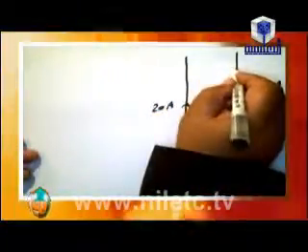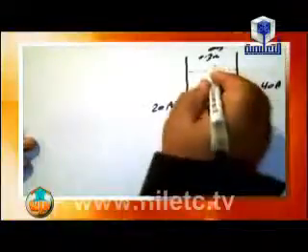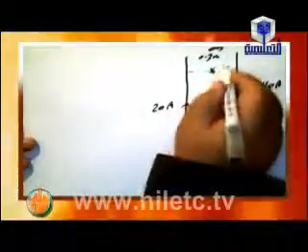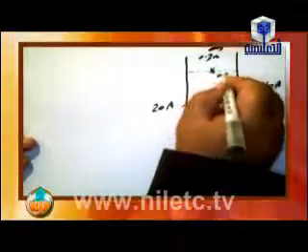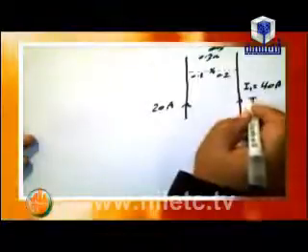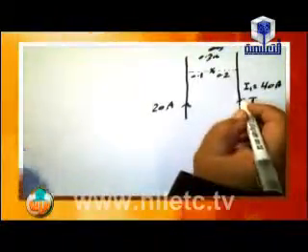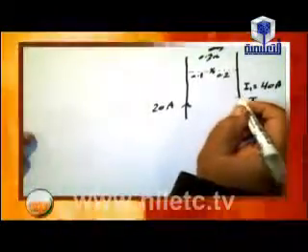The distance between them is 0.3 meter. Find the total magnetic flux density at point X, which is at distance 0.2 from the first wire and 0.1 from the second wire, if the current passes in the same direction and if the current passes in opposite direction.